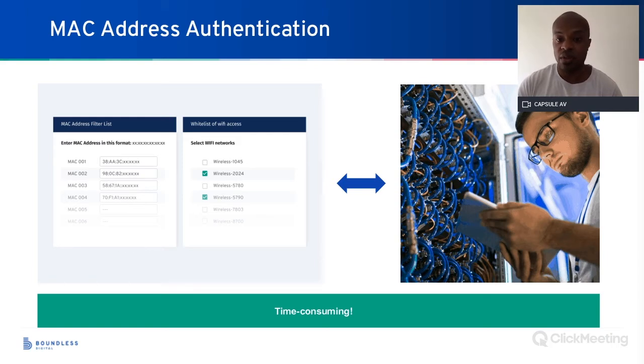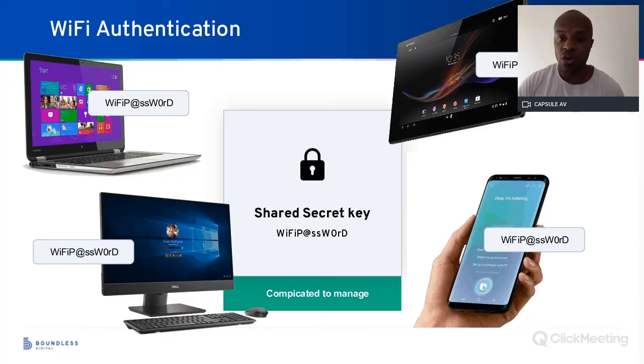For example, you can't really control who has access to the password, so if it's ever leaked to undesired parties, you might never know about it. And if you decide to change the password one day, you also have to synchronize and update the password on all client devices using the network in order for them to maintain connectivity. This makes using shared passwords for network authentication quite painful on a larger scale.